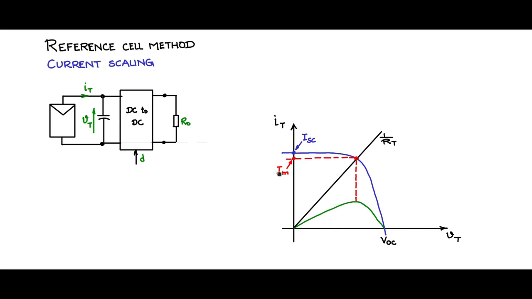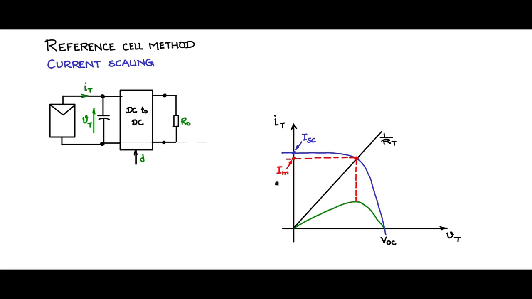IM is the current corresponding to the peak power point. Just like we had a relationship between VM and VOC, we have a relationship between IM and ISC, where we say that the ratio IM by ISC is constant.